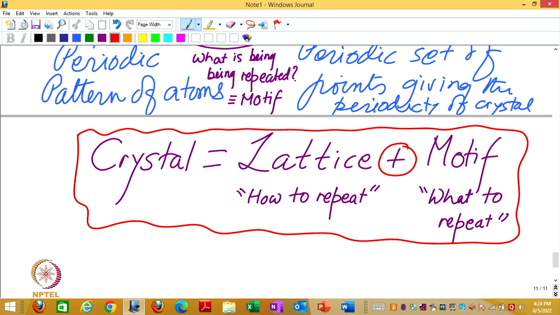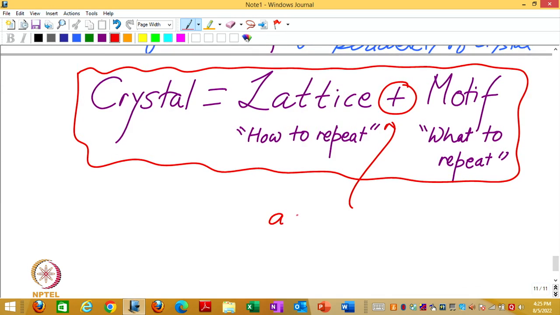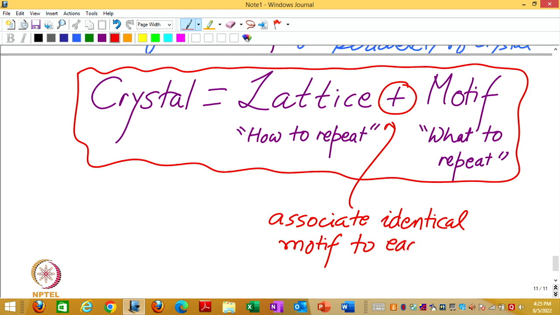This plus is our mental plus, where we are associating an identical motif to each lattice point.